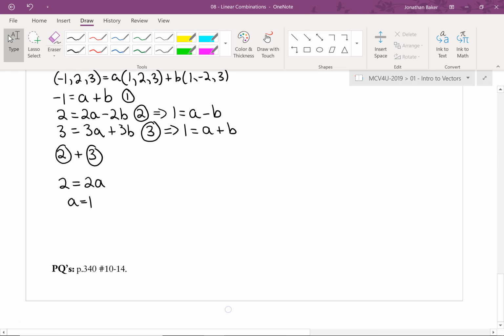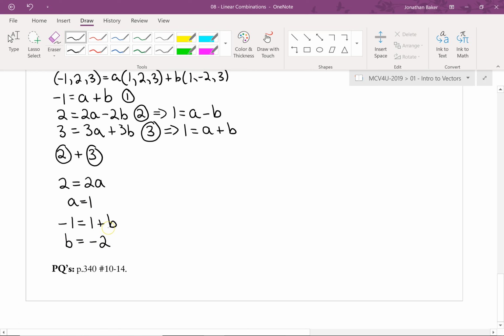So we'd have negative 1 equals, well, A is 1, plus B, and so B equals minus 2. All right, so basically we just got B equals minus 2 and A equals 1.